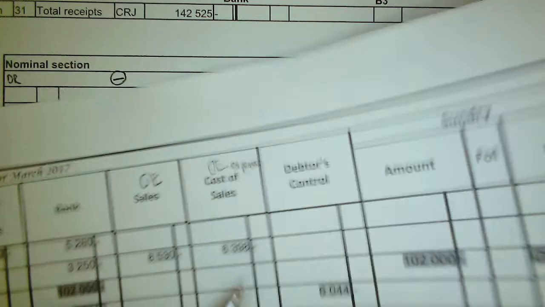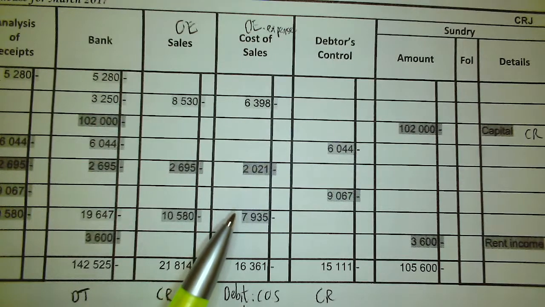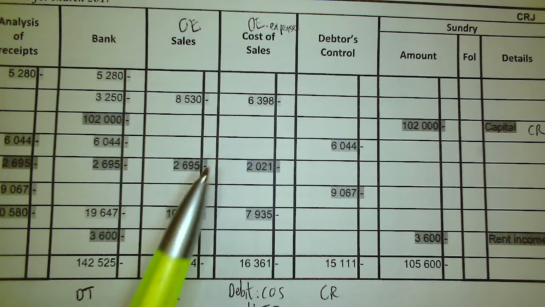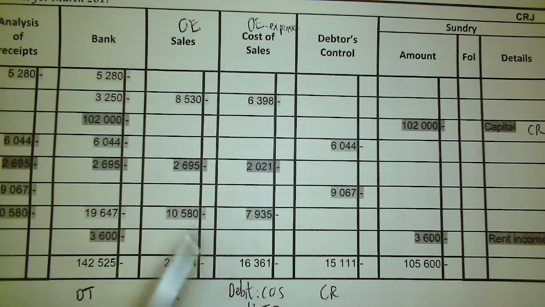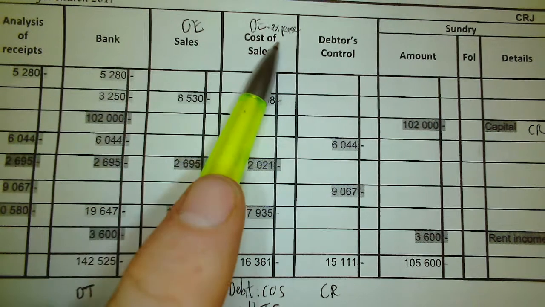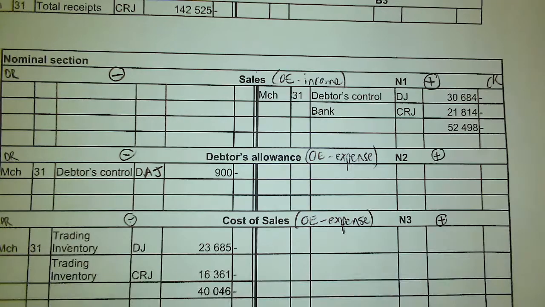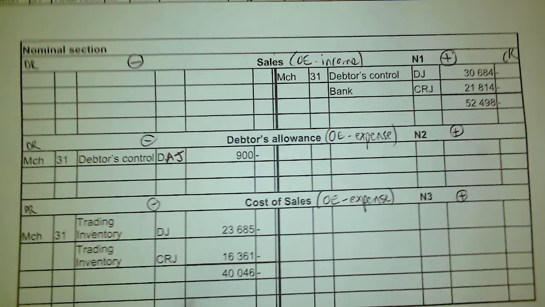So you look for cost of sales in the CRJ, and there you get the 16,361. Again, cost of sales is debited because it's normally an expense. So there we debit it with 16,000 Rand. And then we've got 40,000 Rand on the debit side for cost of sales.